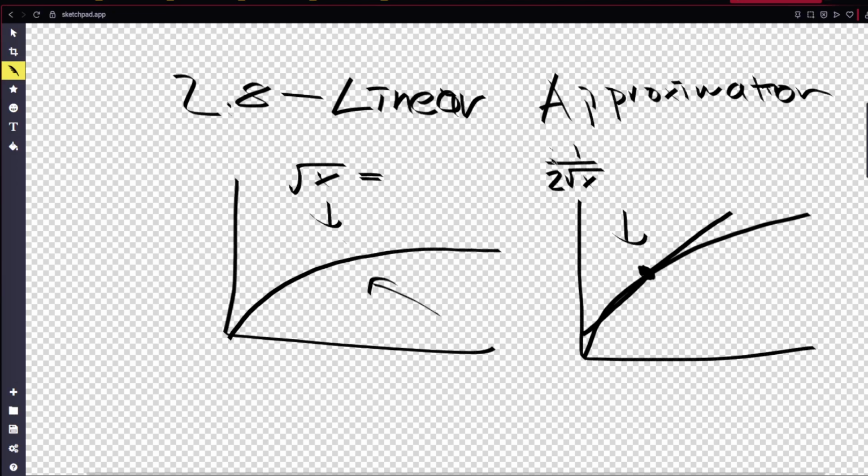So it's going to look something like this, where this is the slope, plus the y-intercept. We can apply this equation and find another point on this line right here, and it looks pretty close to the actual square root x function. So that's what linear approximation is.